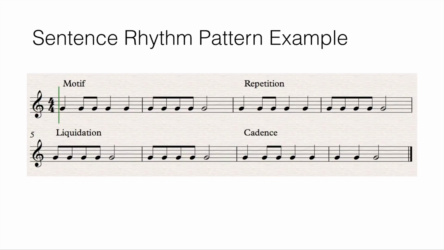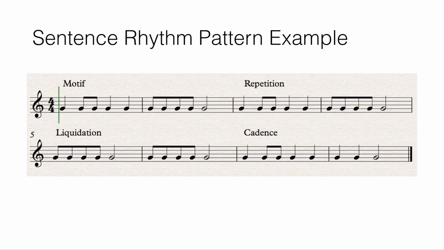But I chose to repeat the second half of the motive twice. Then we have the cadence, which starts as a motive, and then I slow it down at the end by turning some of those quavers into crotchets.